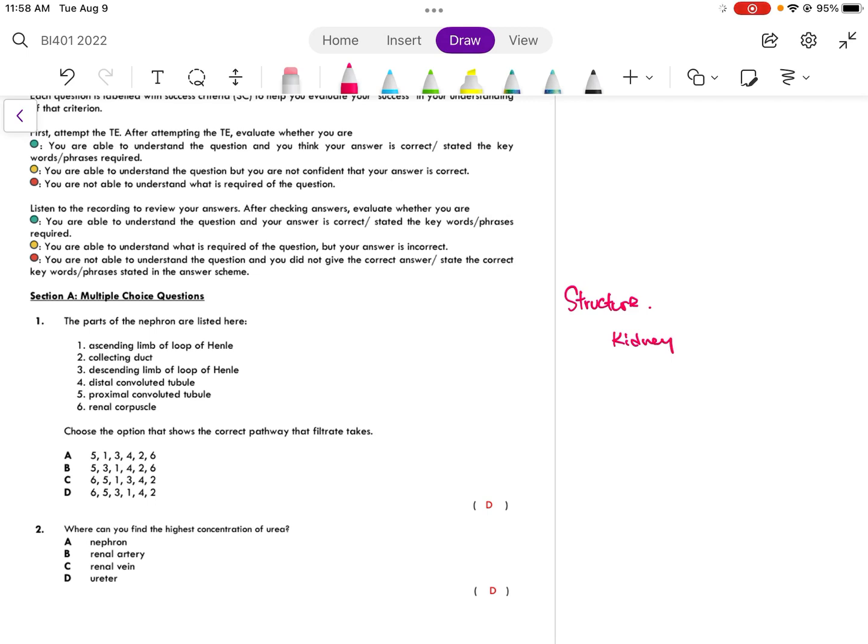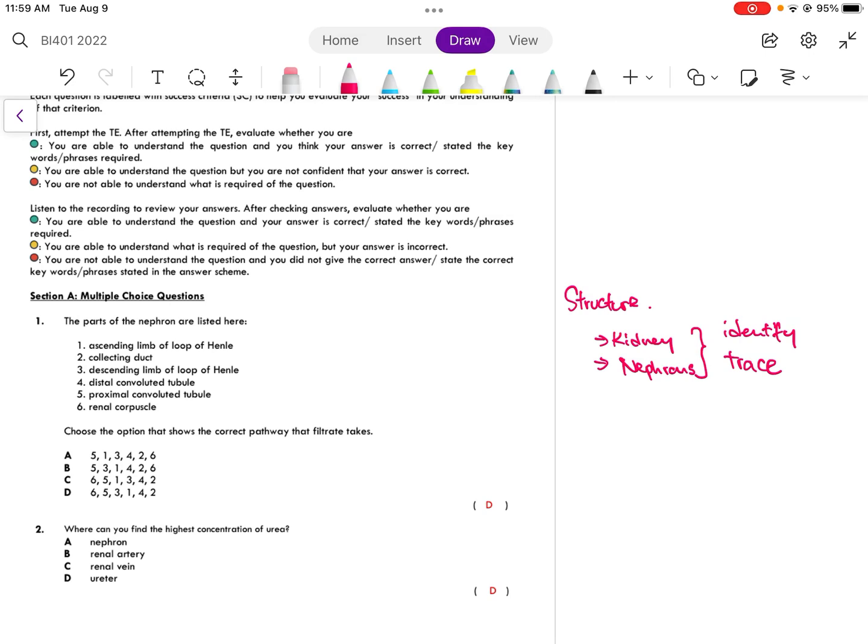All the different parts, the blood vessels that go in and out, and the microstructures like the nephrons. That means you need to know all the different parts. Okay, and from these questions, we typically ask you to identify the parts, or we may ask you to trace the pathway of blood or filtrate.